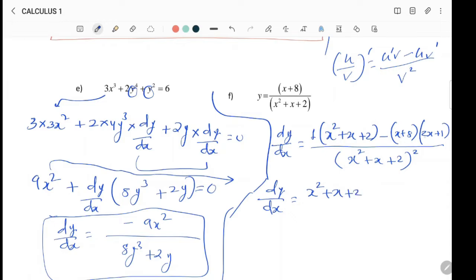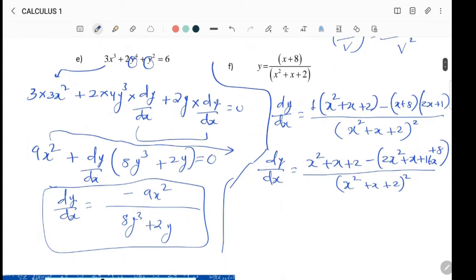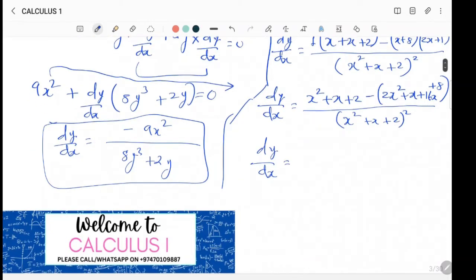Okay, so dy by dx equals, here it is x square plus x plus 2 and x times 2x, that is 2x square, and keep minus as it is now, x times 2x which is 2x square, x times 1 which is x, 8 times 2x which is 16x, and 8 times 1 which is 8, okay, and over (x square plus x plus 2) whole square. Okay, now dy by dx equals x square minus 2x square, right?